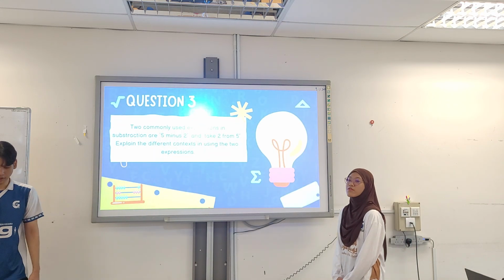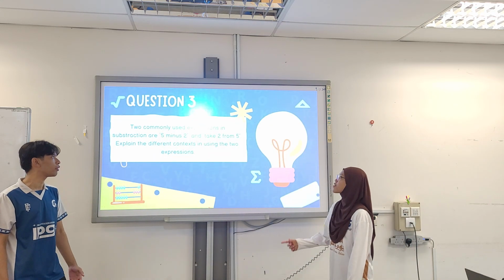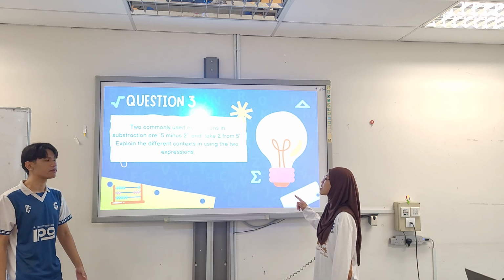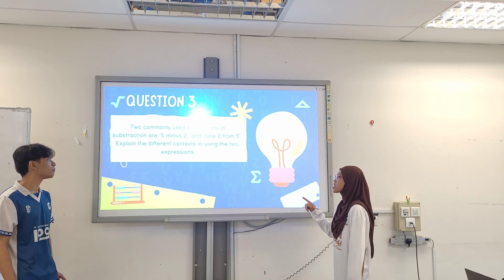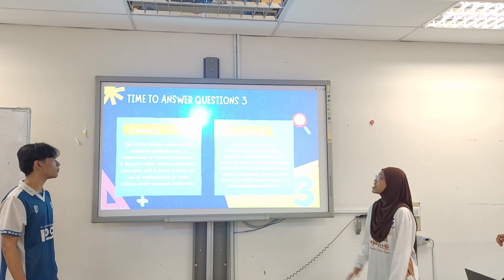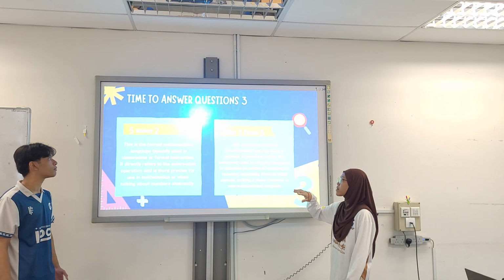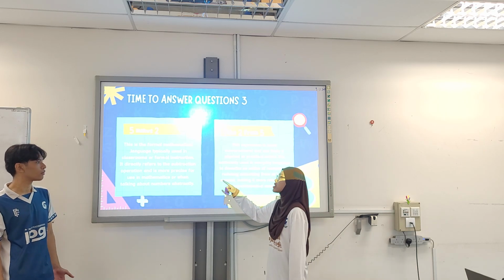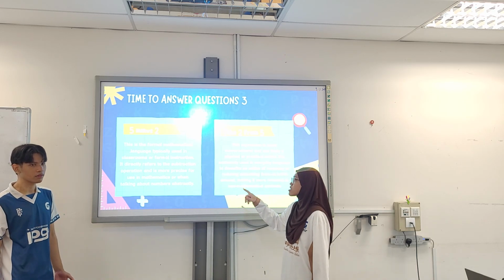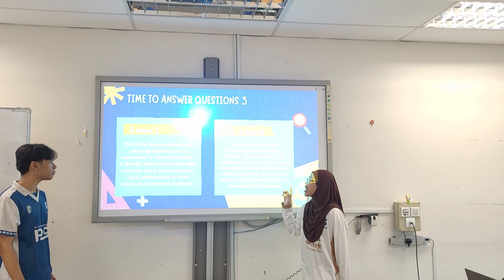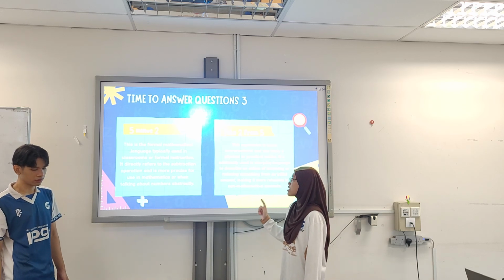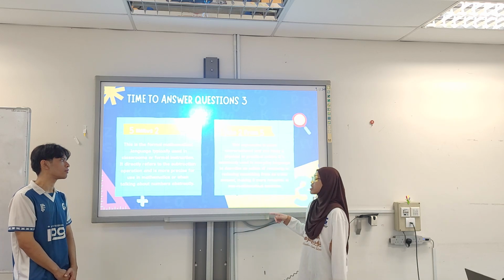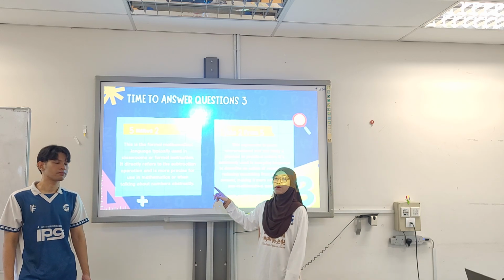Okay, so we move to question 3. Two commonly used expressions in subtraction are "5 minus 2" and "take 2 from 5." Explain the difference in context in using the two expressions. Next. So "5 minus 2" is the formal mathematical language typically used in classrooms or formal instruction, and it directly refers to the subtraction operation and is more precise for use in mathematics or when talking about numbers abstractly.